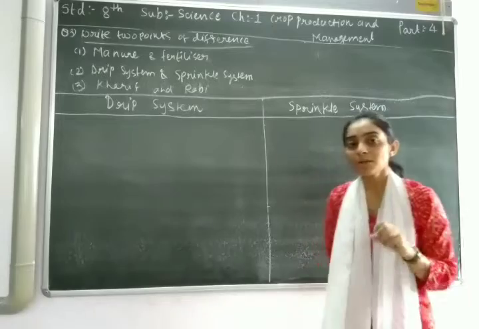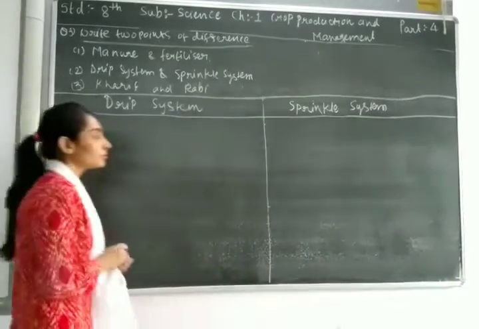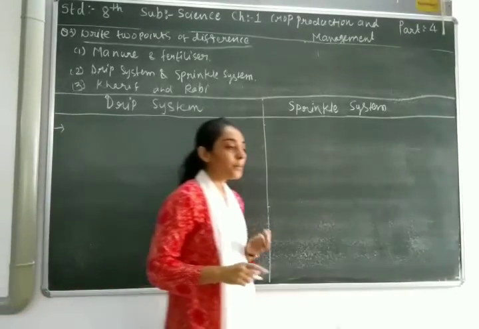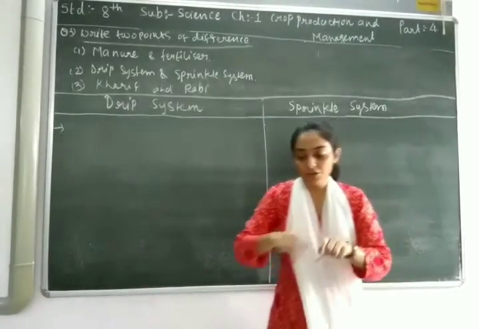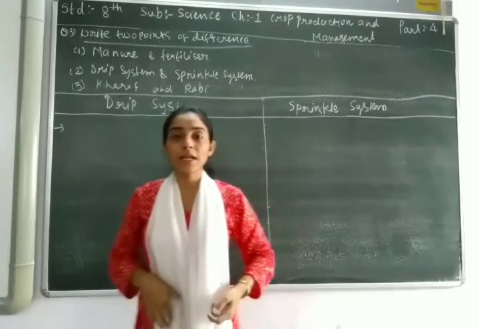Drip system means drop by drop. Okay, so we can write over here. In drip system, it's nothing but a drop by drop. It is placed near to the root. Okay, so first point you can write that one.